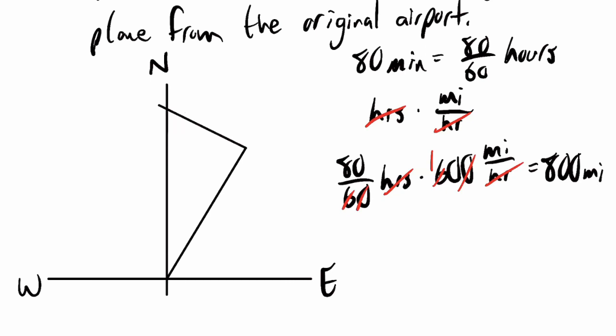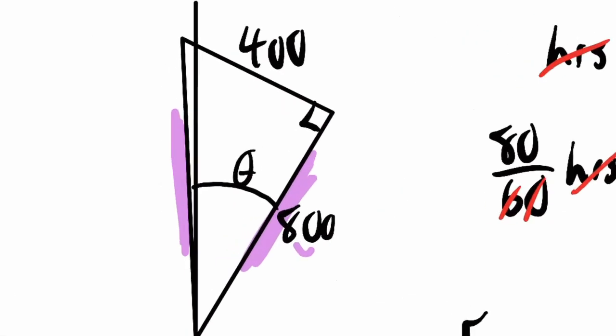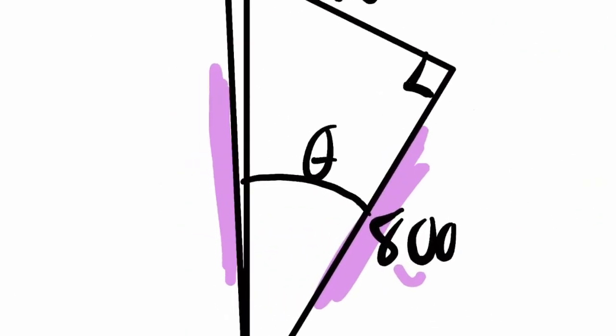I don't know if that's drawn too long, and we'll figure that out as we go. So this is 800. This is 400. And I want to know what that angle theta is. That goes all the way from this side to this side. It does not stop at that due north line.